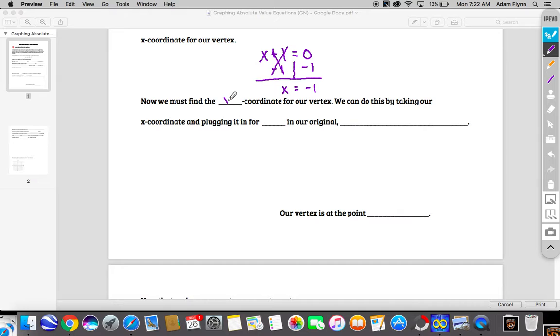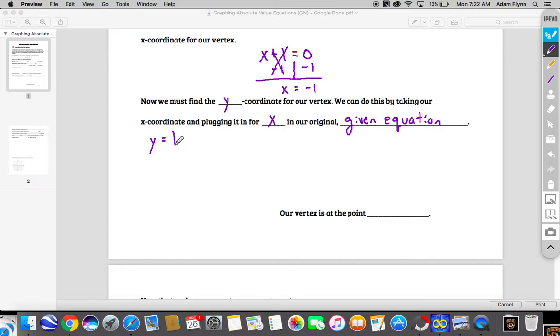Now we must find the y-coordinate for our vertex. We can do this by taking our x-coordinate and plugging it in for x in our original given equation. So I am going to write my original equation here.